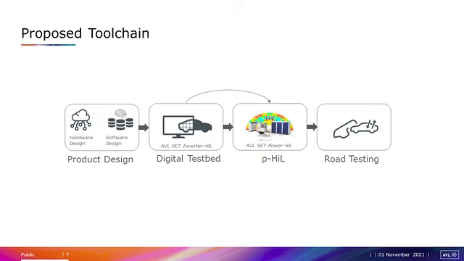With our proposed tool chain, you start directly with product design because the modeling is already done by us. Then we proceed on some sort of digital testbed, which we call the inverter HIL, where you can test your product already in very early development stages with the exact same models as you will have on Power HIL.